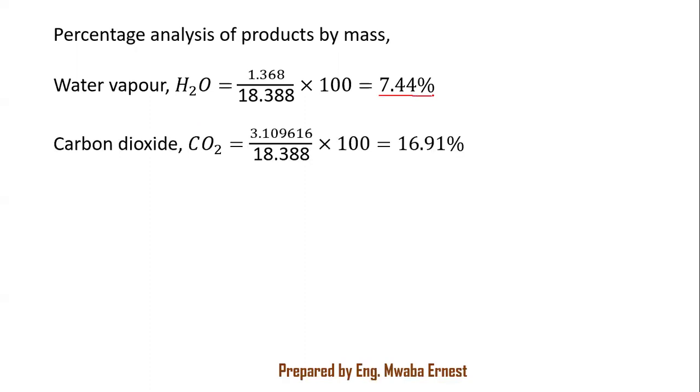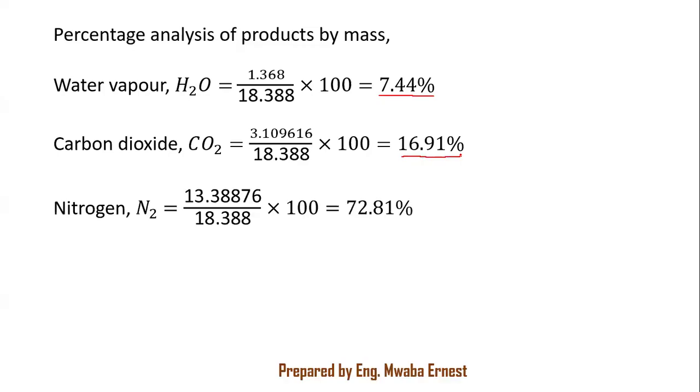The next thing, I repeat the process for carbon dioxide. The products for carbon dioxide, the mass was 3.109616. I divide by the total, which is 18.388, times 100. The answer I get is 16.91. Let me repeat. Nitrogen, the answer we got was 13.8876.